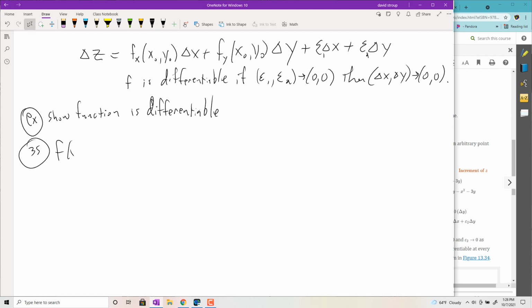So we have f of (x, y) equals x squared minus 2xy plus y. In order to pull this off, what I want to do is investigate delta z, which by definition is just the difference between the heights going from x to some x plus change in x, and also in the y direction from y to some y plus change in y.